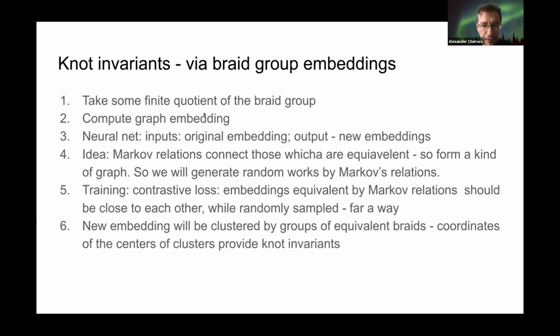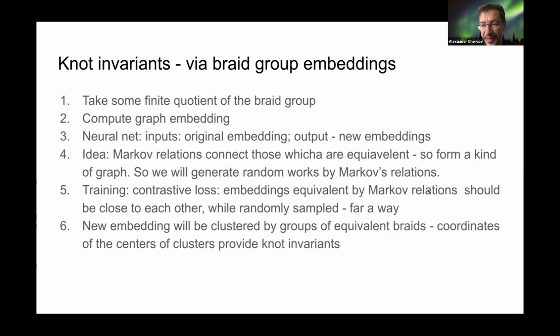So if we take a braid group, we can compute a graph embedding, or we can take a finite factor of the braid group to make the graph finite, and then there is no problem, just compute the graph. Now, how to make the embedding, in some sense, Markov equivariant? So the idea is, again, quite simple: we can run something like random walks by Markov relations.